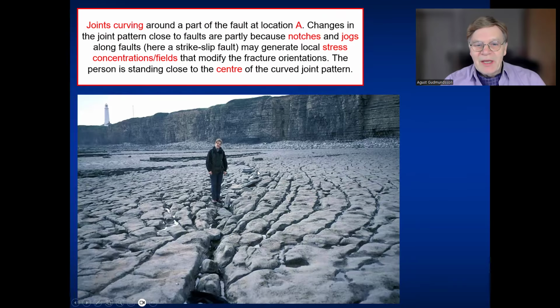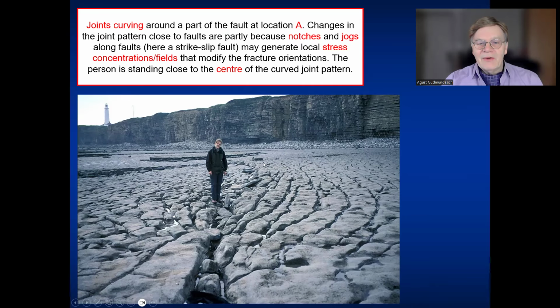So here we are at location A, and you see the lighthouse of Nash Point and the cliffs behind. The lady here is standing close to the center of this curved pattern of joints, and she's standing in a fault. You see different layers of limestone behind her.